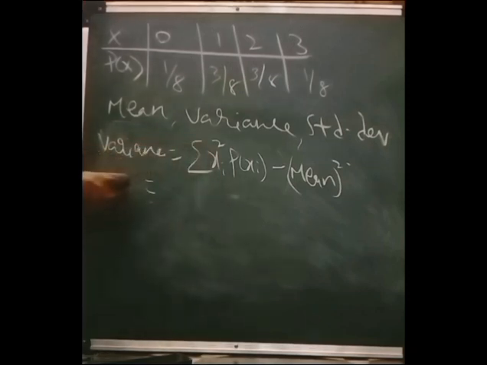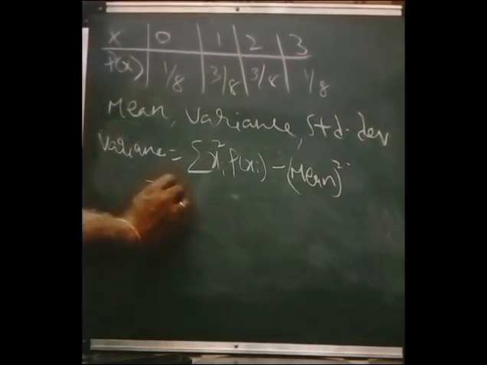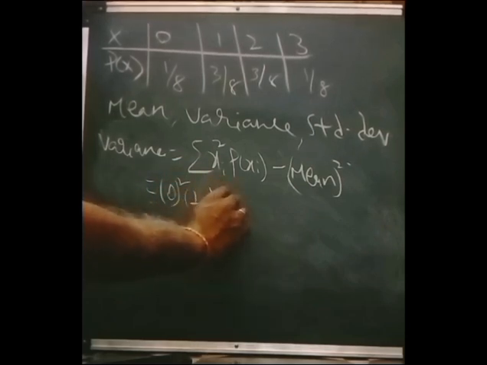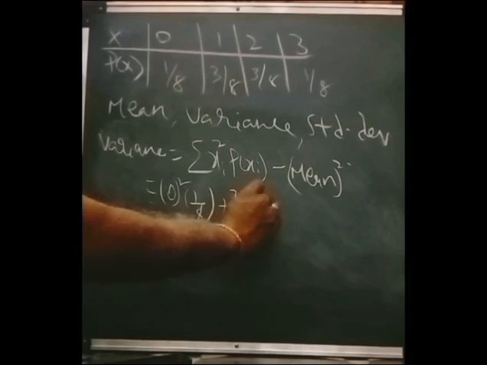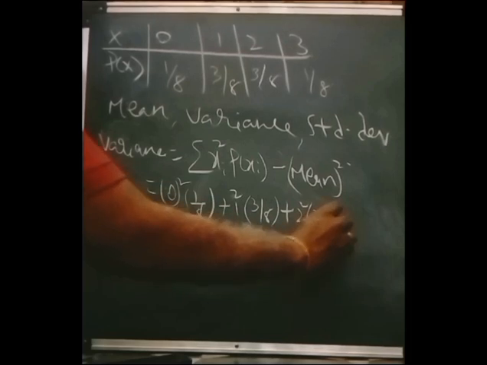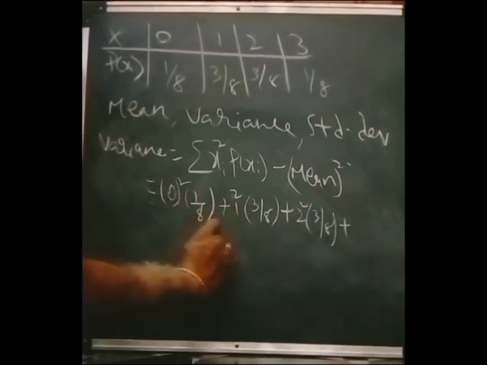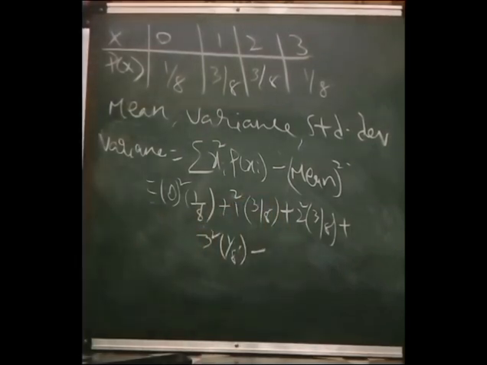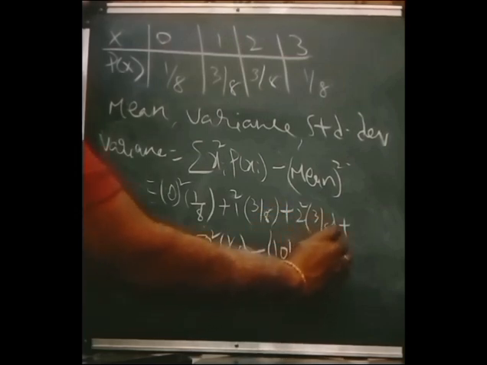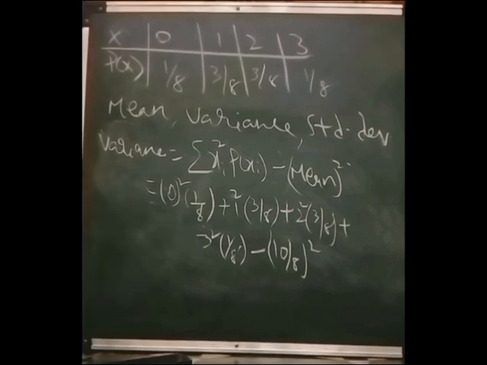So the variance for the random variable x in this experiment is 0 square into 1 by 8, plus 1 square into 3 by 8, plus 2 square into 3 by 8, plus 3 square into 1 by 8, minus mean square, where the mean square is 10 by 8 whole square.